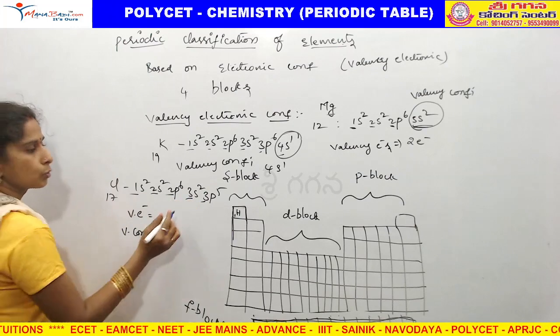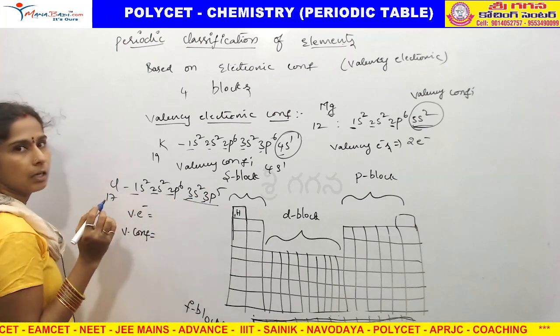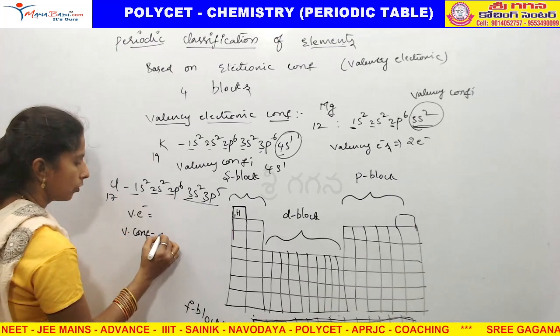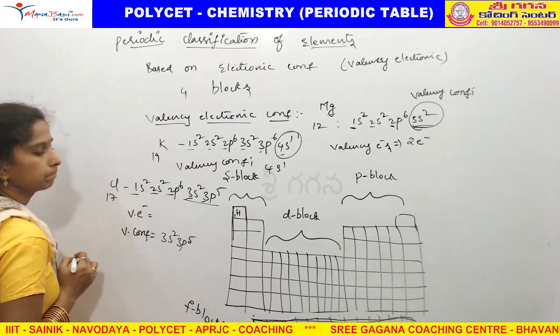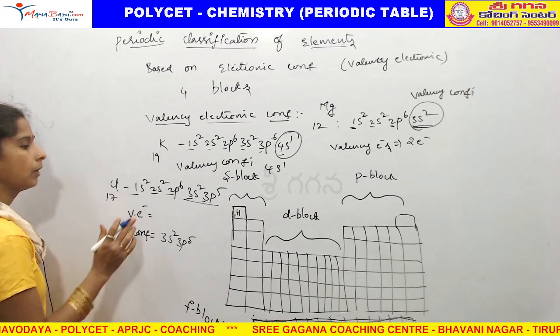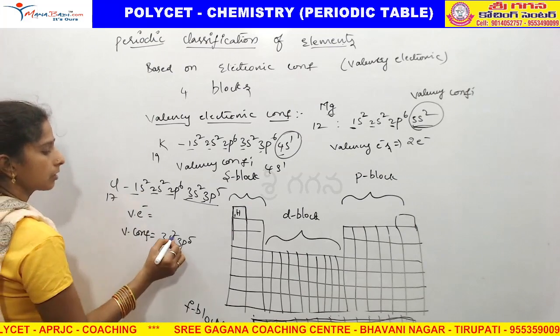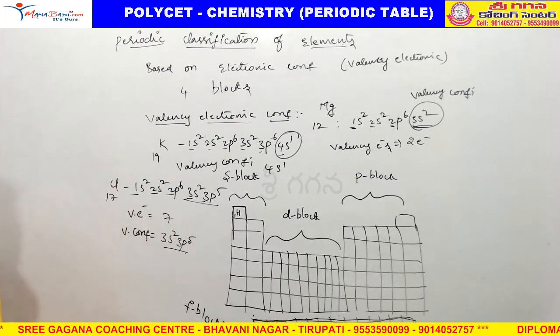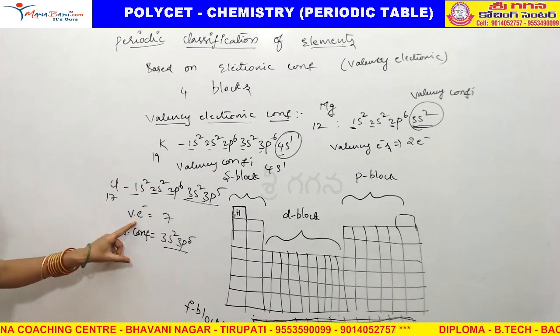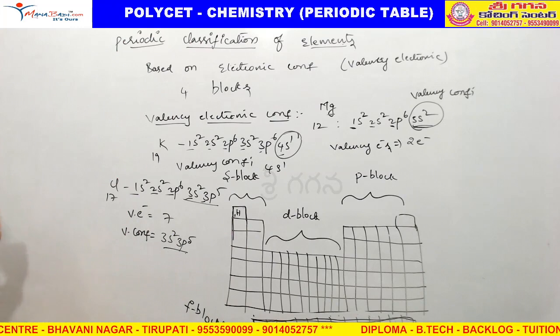So this is the valency configuration: 3s2, 3p5. Number of valency electrons: how many are there in the valency shell? That is 7. This is the way to find valency electrons and valency configuration.